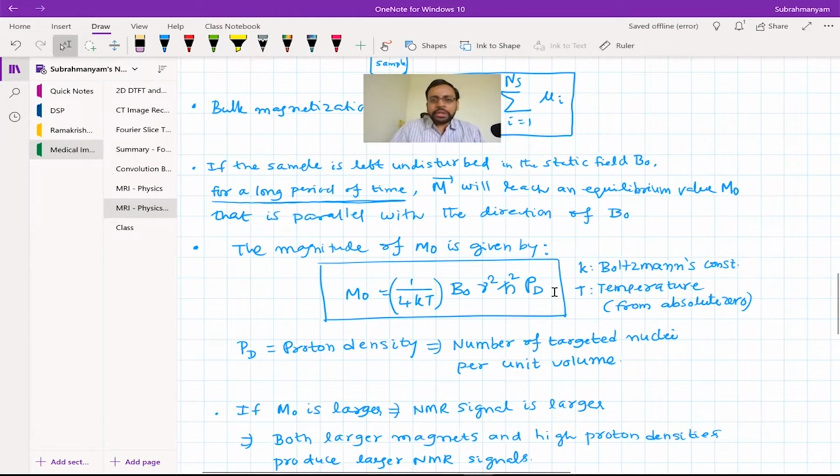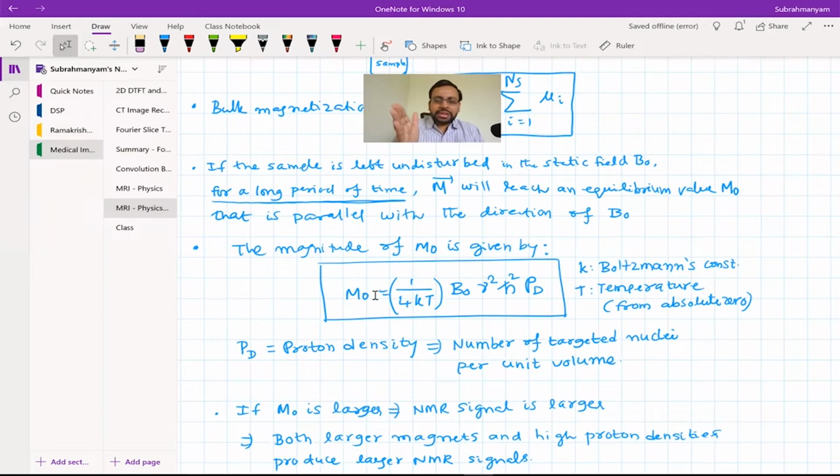Suppose in that particular location, the structures have a proton density different from the structures at a different location. Then you could distinguish both by looking at the resulting M naught values in the z direction. And this is what gives you the contrast in the image when moving from one structure to another. This is one aspect of the characterization of structures.